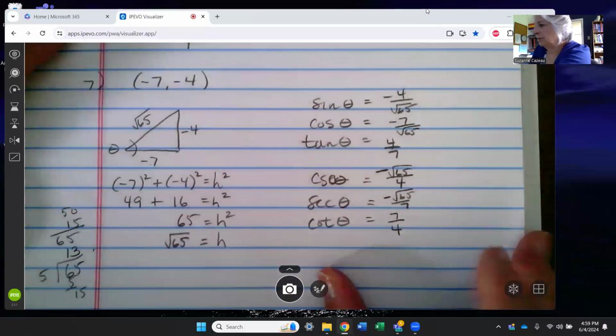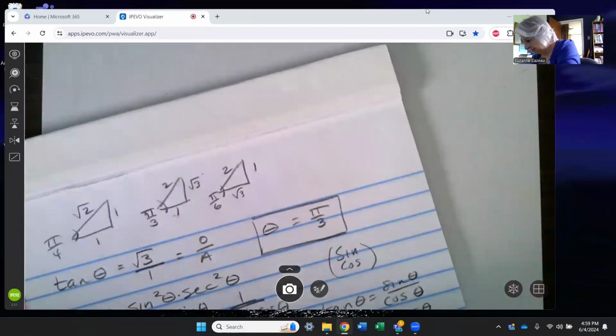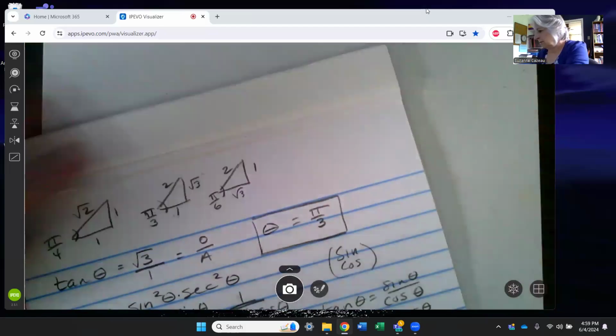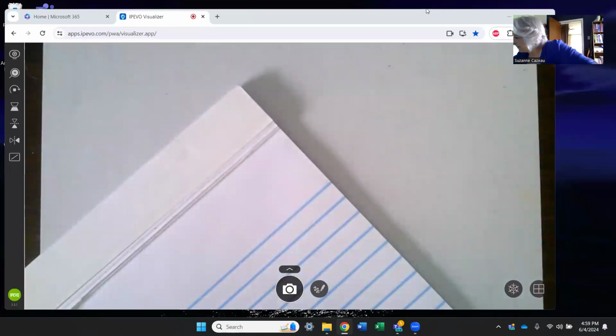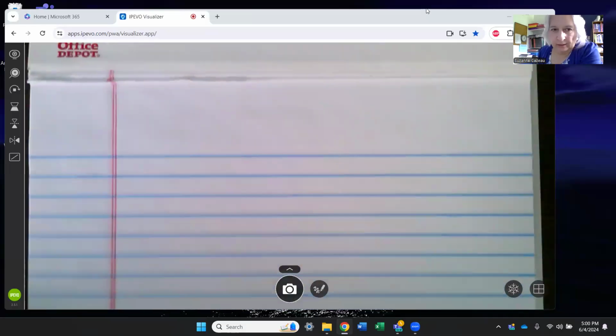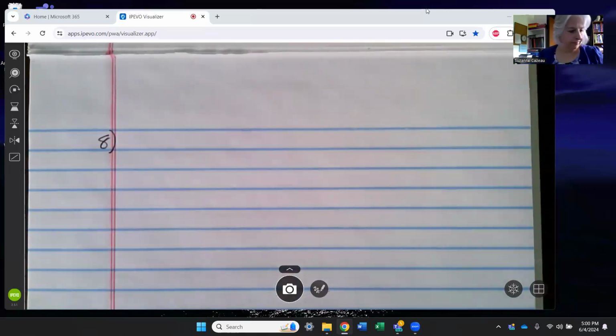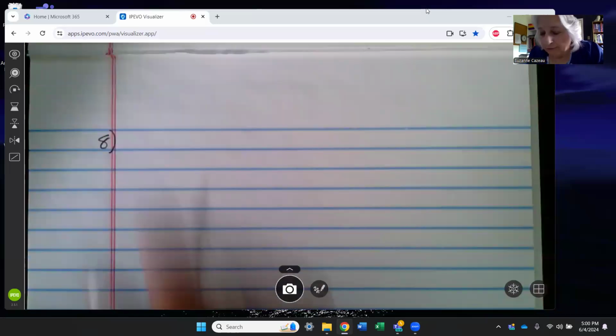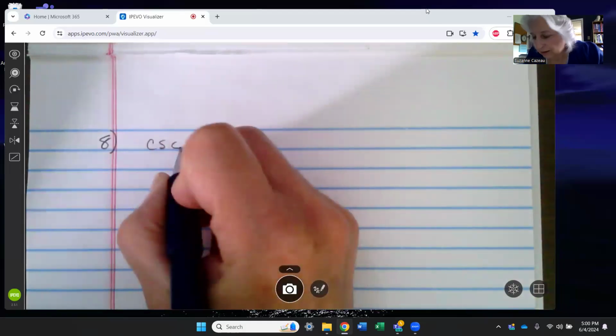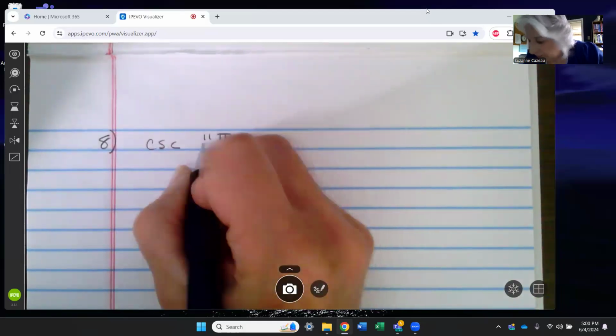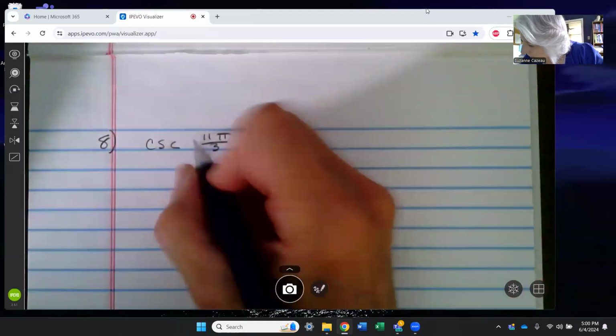In the new page. Find the exact value of cosecant 11 pi over 3.